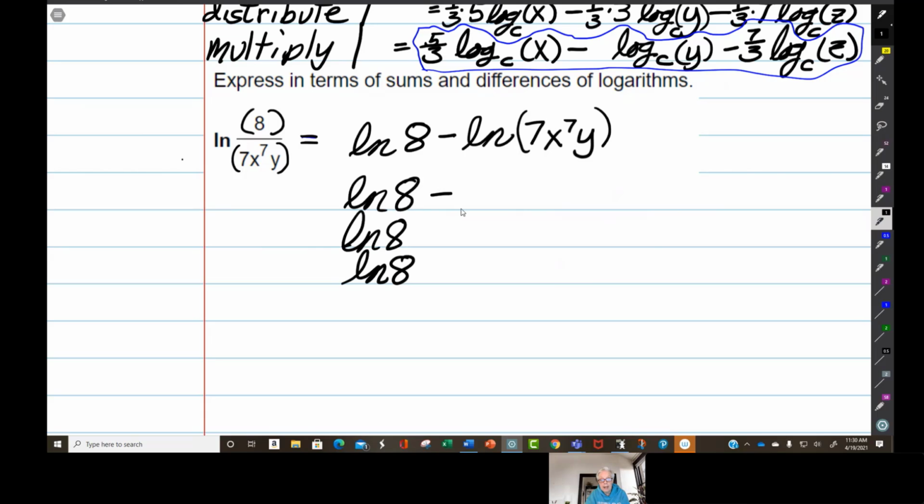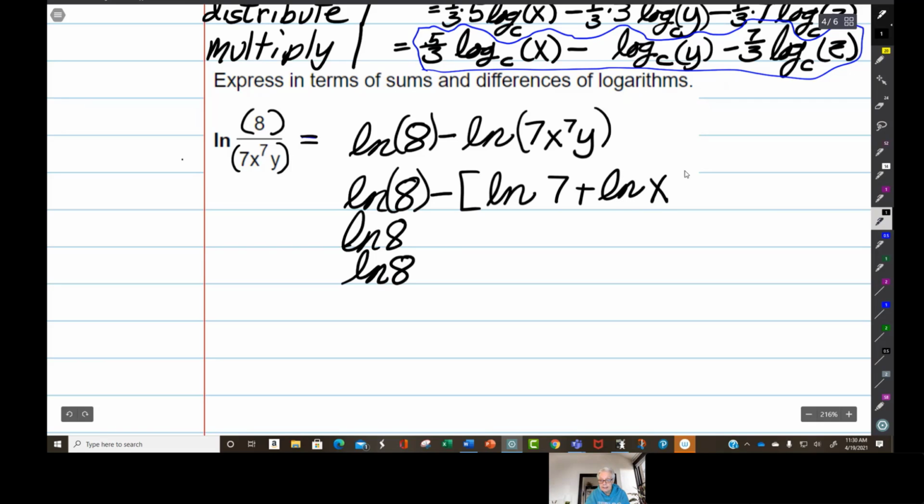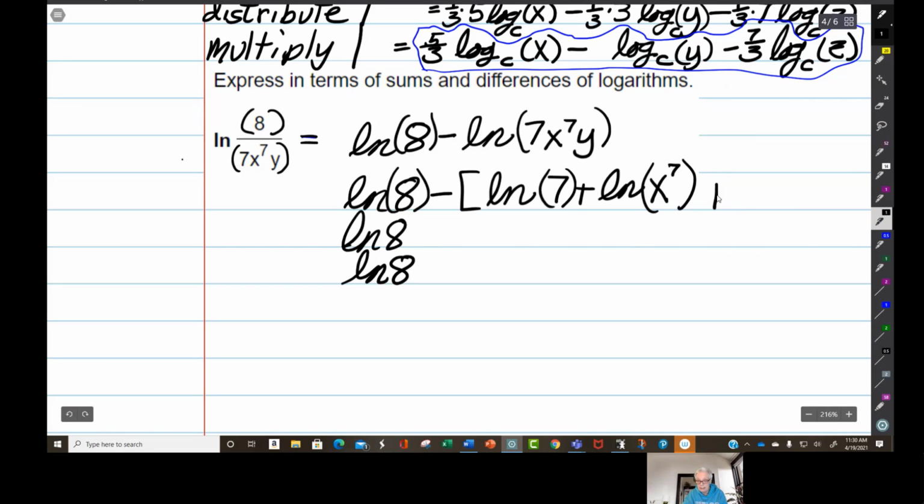Okay, now, the ln of 8 minus bracket the ln of 7 plus the ln of x to the 7th plus the ln of y. That's why I'm using the brackets. See, this becomes a plus and a plus.